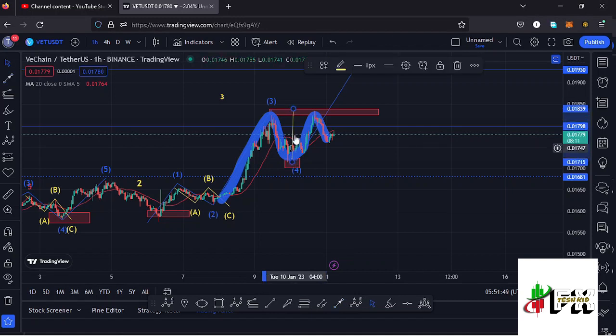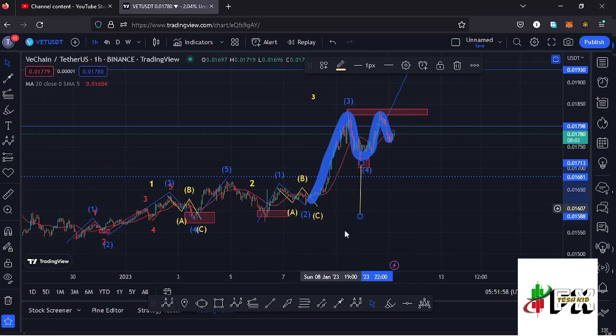We can get that height and place it below the neckline, giving me a minimum target area back to around the $0.0159 mark, and that is the minimum that I would expect that chart pattern to do to the lower side.